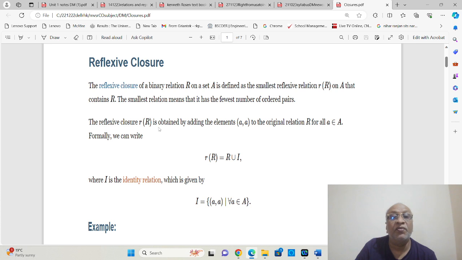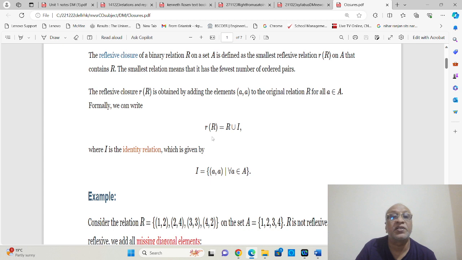How do I obtain it? I have to go on adding element A comma A to the relation R for all A belonging to A. This can be written as R_R is equal to R union I, where I is the identity relation, given by I is equal to A comma A for all A belonging to A.